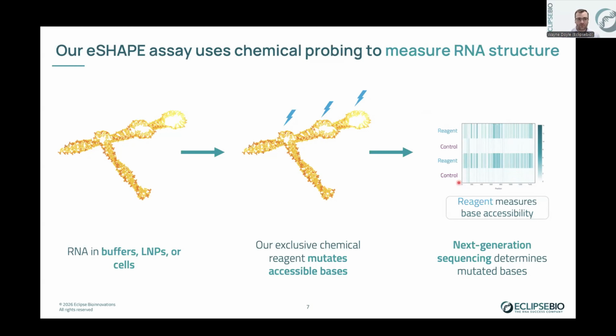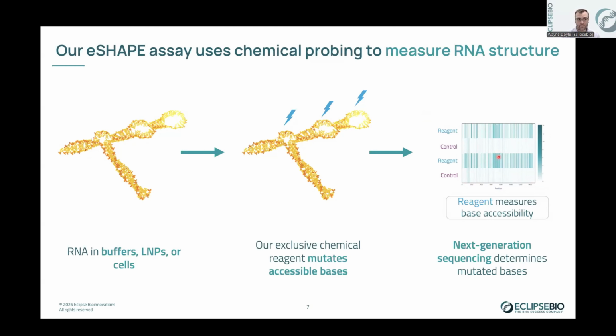You can see that here, on the x-axis is each nucleotide position along an RNA. We have two controls just to account for any potential sequencing errors, or if this is an IVT RNA, to account for fidelity issues. But of interest here is the reagent treated. Anywhere we see an increasing teal color indicates an increased mutation rate. That's the site where this chemical reagent was able to come in and interact with the base that was open.